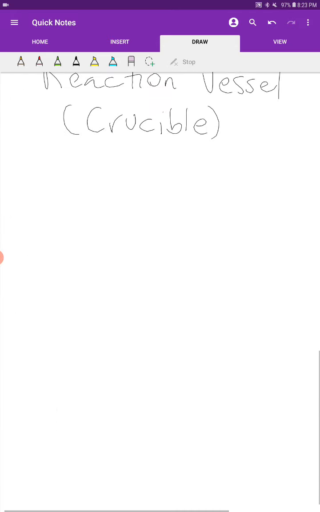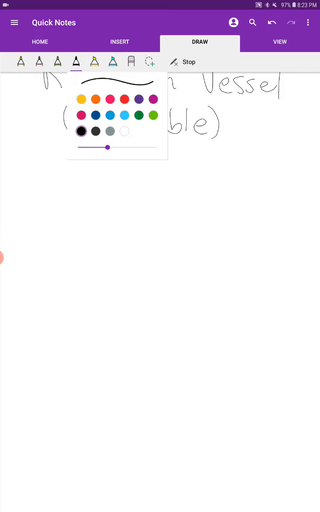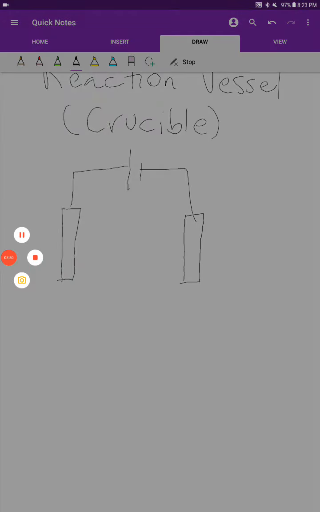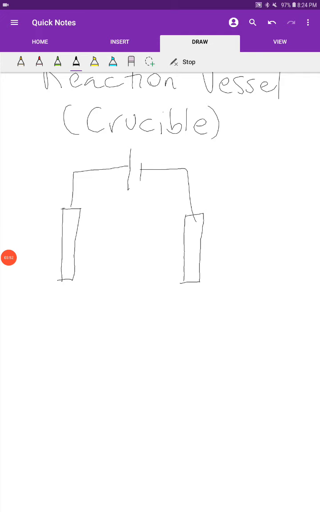Now, in terms of how we illustrate this, with a fairly simple, straightforward type of diagram where you have two electrodes, you have your electrodes, you have your power source, a battery, and then you have a container which will contain your electrolyte.